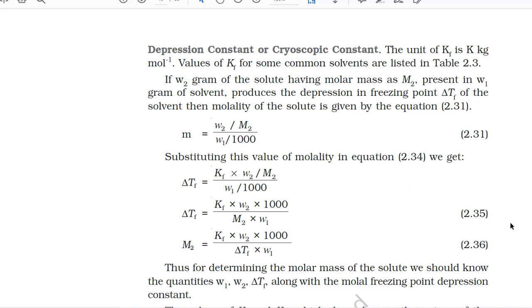Substituting this value of molality in equation 2.34, we get ΔTf = Kf × (W2/M2)/(W1/1000), so ΔTf = Kf × W2 × 1000 / (M2 × W1). Hence, M2 = Kf × W2 × 1000 / (ΔTf × W1).